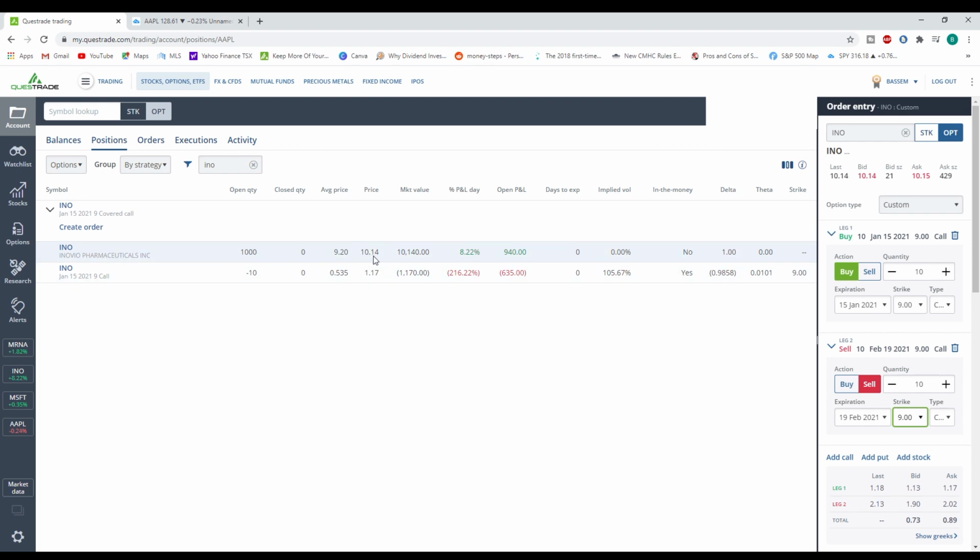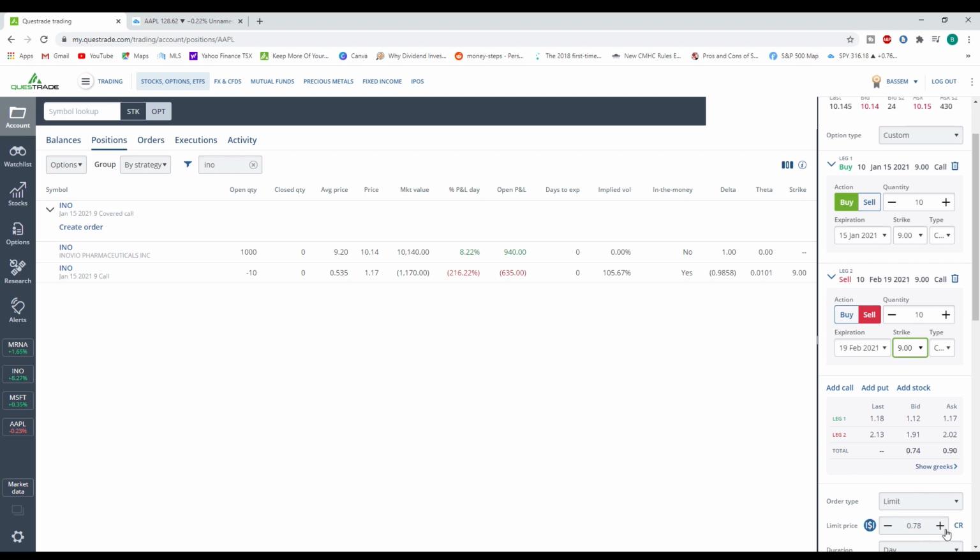I'm not bullish on Inovio. I think it'll go down below $9, and I think I might keep these shares. I don't mind missing out on this $1,000 here, because I don't think it'll go past $10 by February 19th for Inovio. I think it's going to be under 10, but this is the gamble I'm taking.